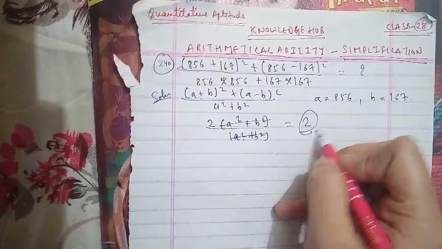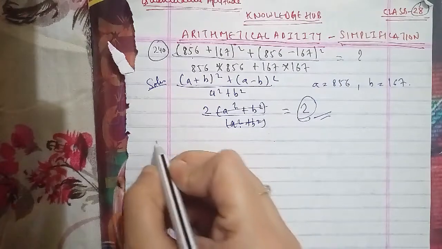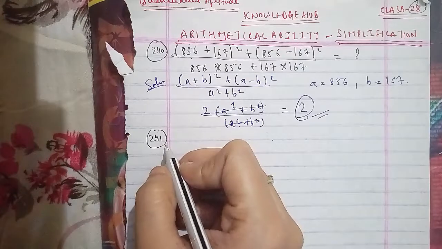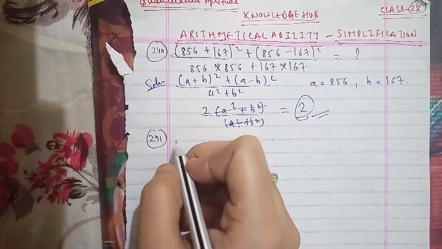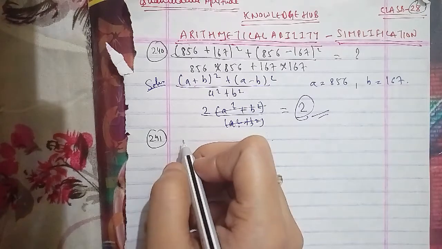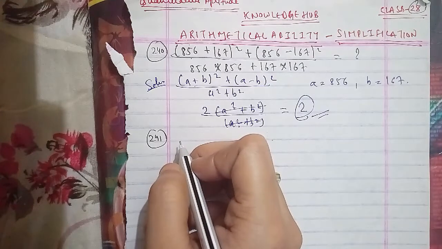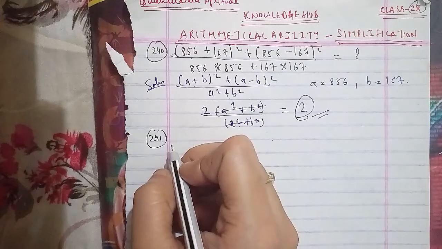Now we'll go ahead further and talk about another question. The next is the 241st question of the session. The question states: (469 plus 174) whole square minus (469 minus 174) whole square whole upon 469 into 174 equals the question mark. This is an important question, and it has been asked in an MBA examination paper. The options for this are 2, 4, 295 and 643.